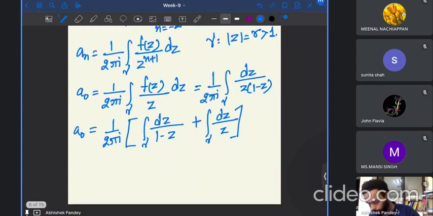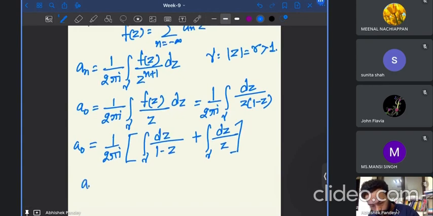Now clearly this a_0 will be 0. Is it clear?